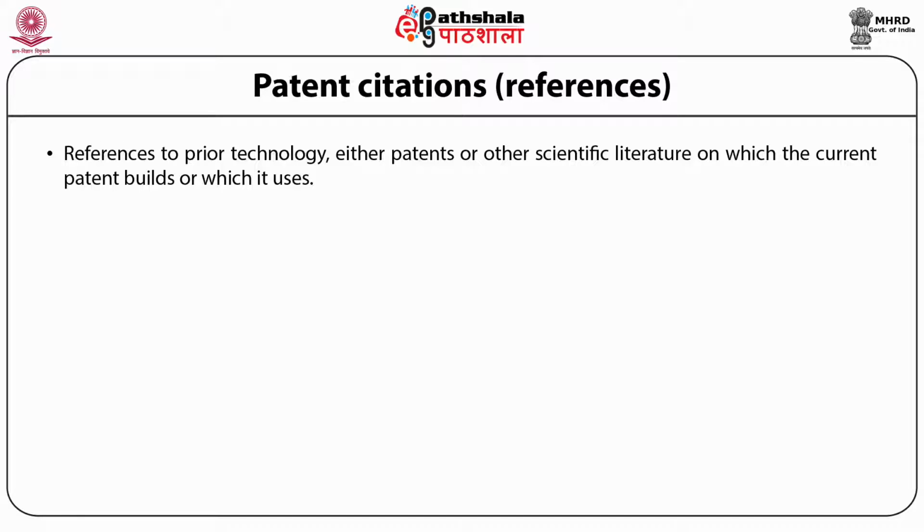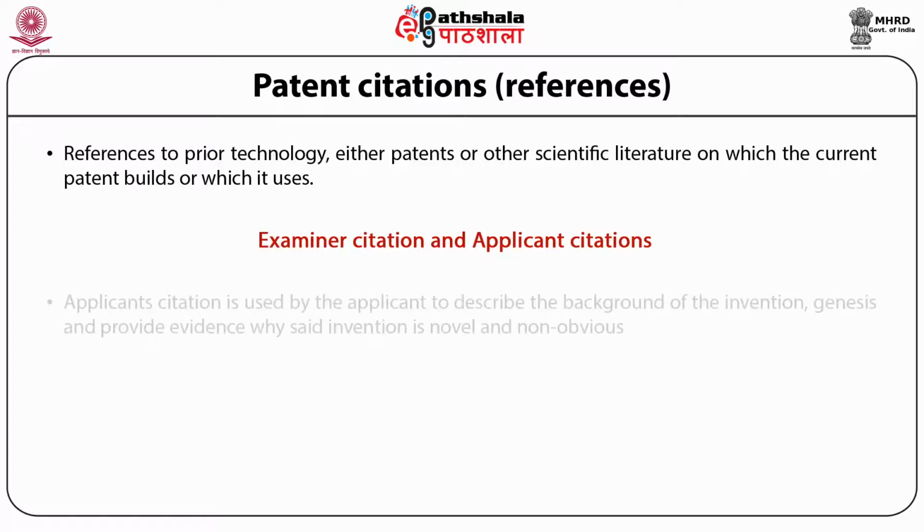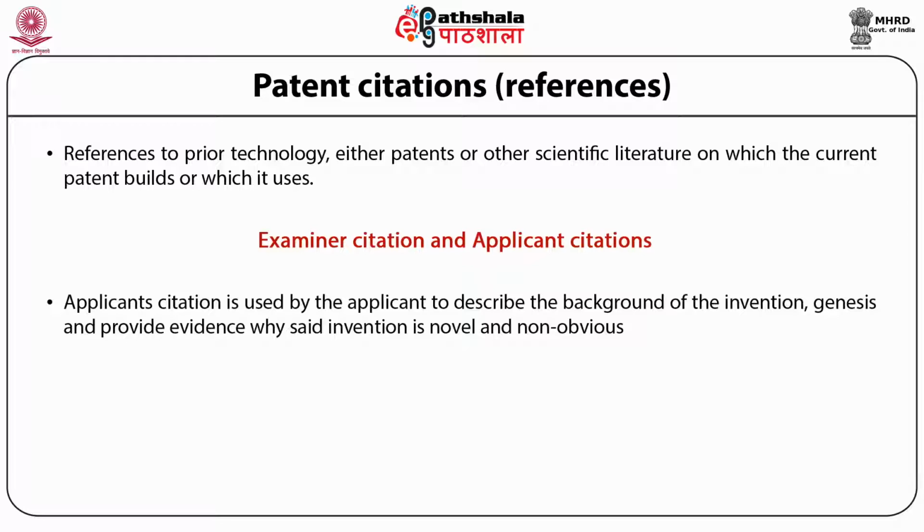But there are two types of citation in a patent document: examiner citation and application citation. Unlike typical research paper citations, I will explain the difference between these two citations. Application citation is used by the applicant to describe the background of the invention, its genesis, and provide evidence of why the said invention is novel and non-obvious.